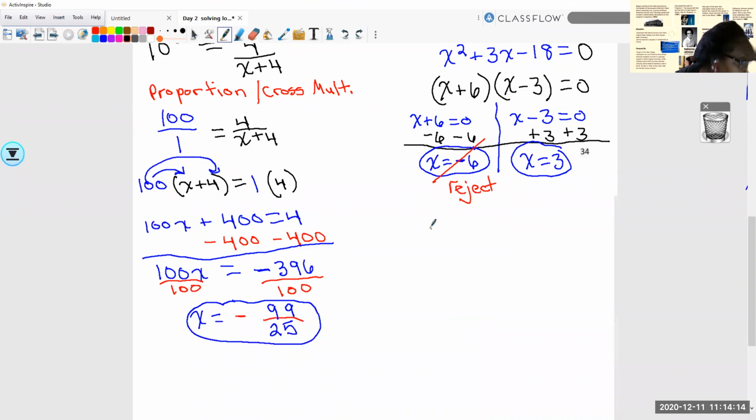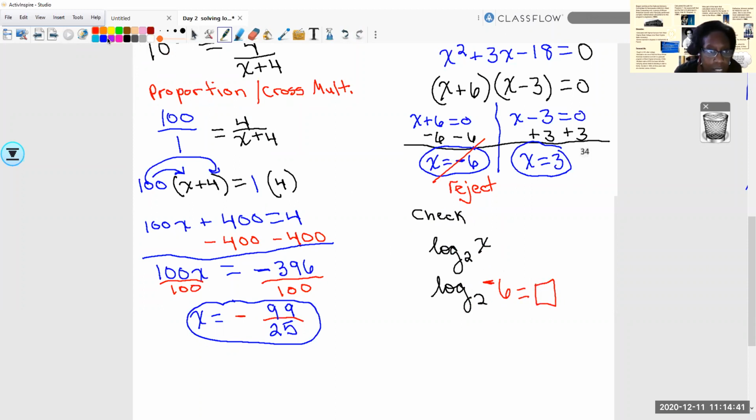I'm just going to rewrite that check so you can see it. I want to do one clear check. I'm looking at the original, which is log base 2 of x. What do we substitute? It's going to be log base 2 of negative 6. How do you see that in exponential form? Set the log expression equal to y, an open box.